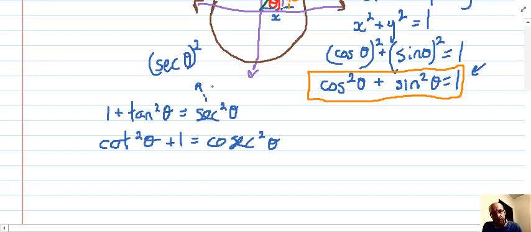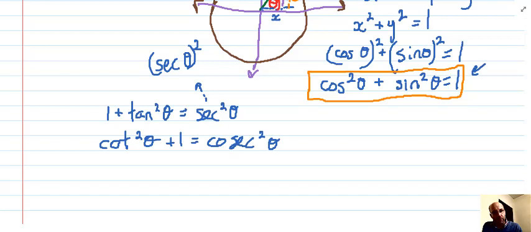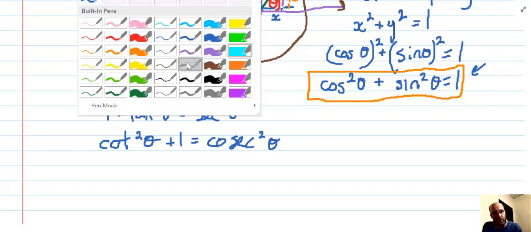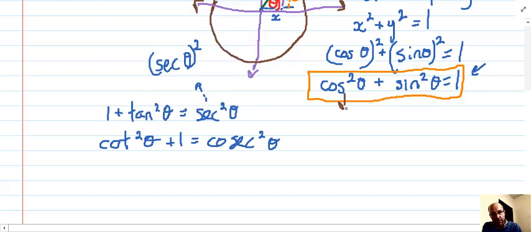If you start for form 2, 1 plus tan squared theta, how do we get this first term cos squared theta to become 1? What do we have to divide by? Well, let's have a look. I'll change color. So if we divide through every term by the same thing, I'm going to choose cos squared.